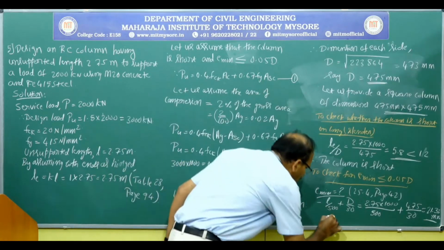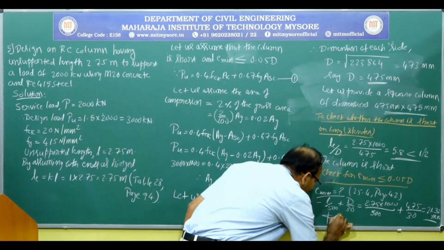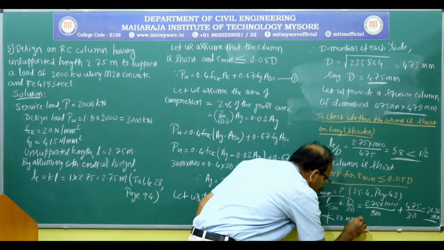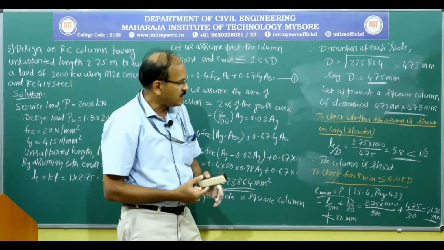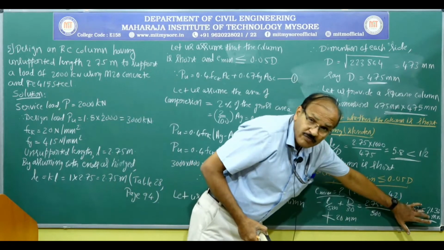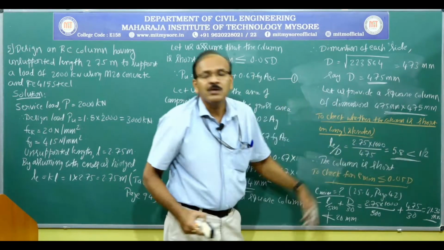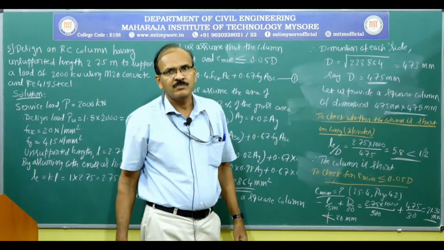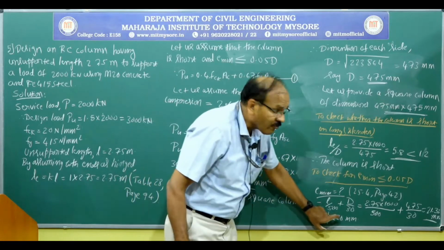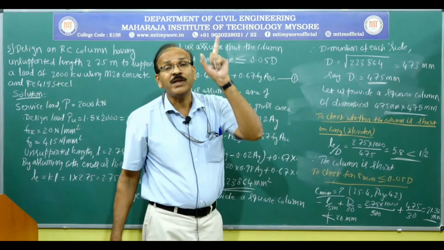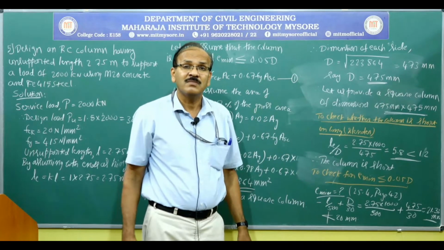E minimum should not be less than 20 mm. What it means is, say this value instead of 21.33, say it is around 16 mm. So we have to take 20 mm as the minimum eccentricity.